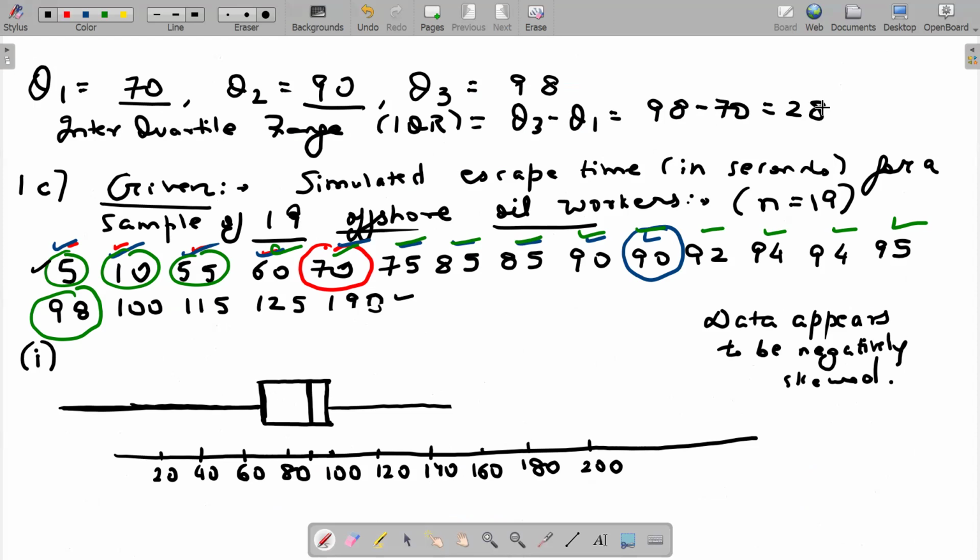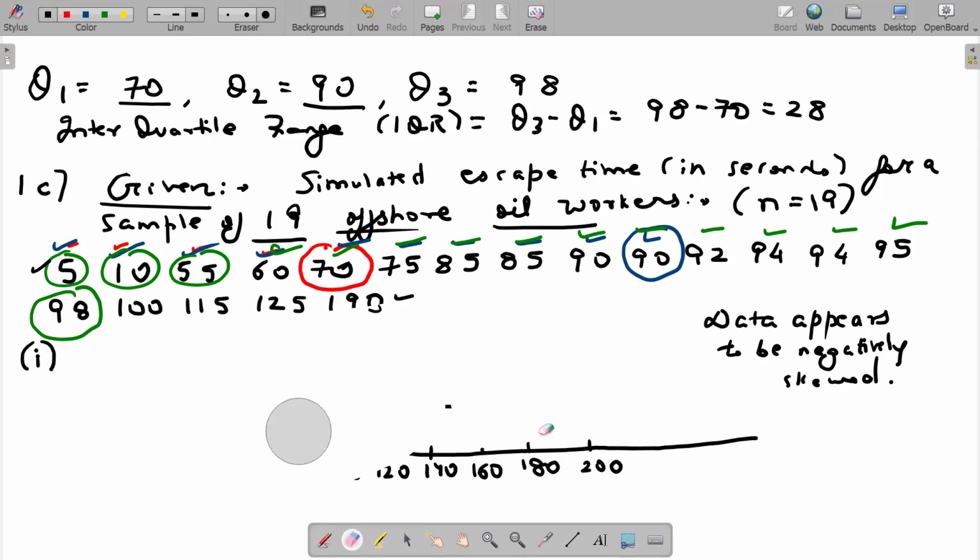And now I can calculate what is an outlier. So students should know, first of all, the formula for an outlier. I can erase this particular part off. I hope students have now drawn the box plot, so I'm erasing this.